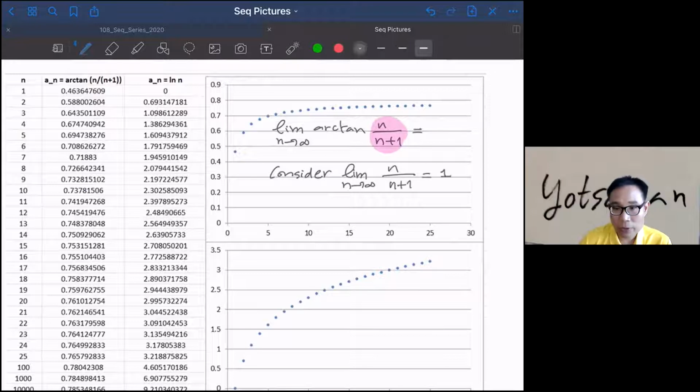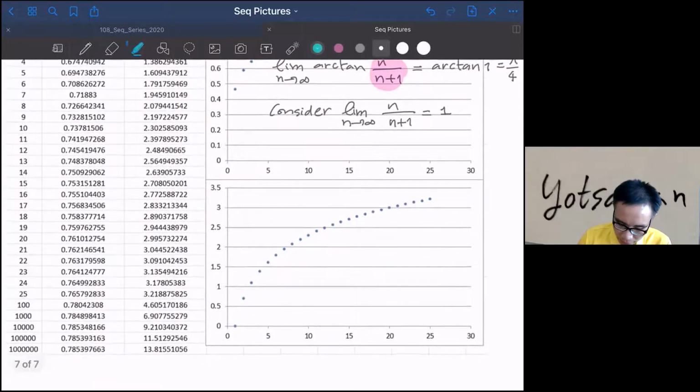So this limit will be arctan 1, and arctan 1 equals pi over 4. So this limit turns out to be equal to pi over 4. And pi over 4 is going to be somewhere here, so you can see it's the line pi over 4, which is about 0.7, almost 0.8.